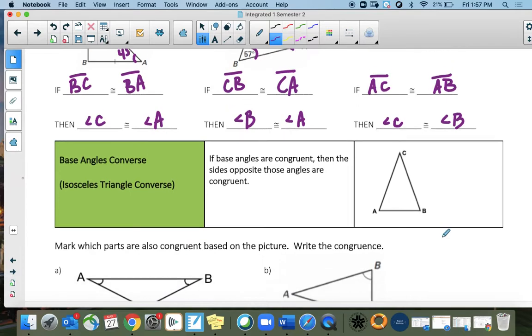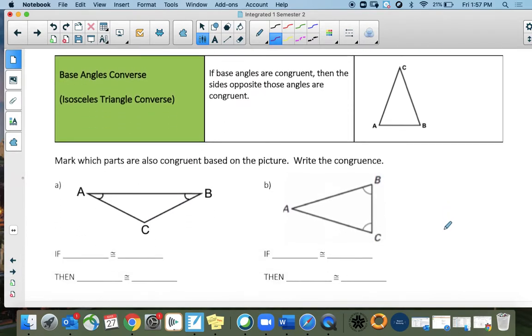Okay? Then we have the converse, so that goes the other way. If the angles are the same, then we know the sides are the same. So if the base angles are the same, then we know the sides are going to be the same. Okay, so that's called the converse.